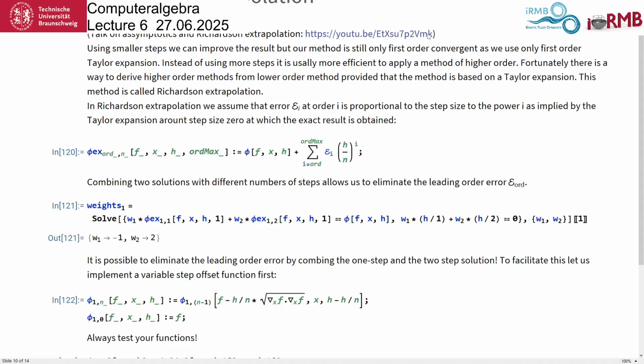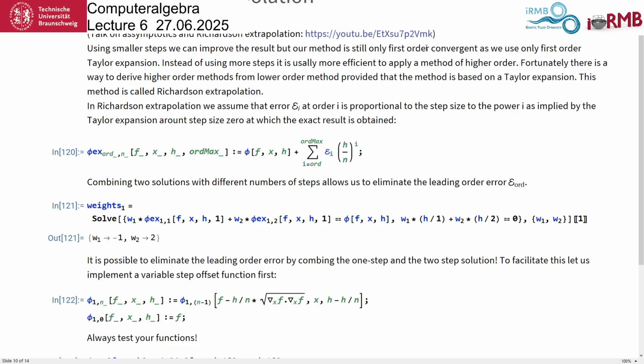I actually recommend watching one of my videos on Richardson extrapolation, because I think not everything about this is totally clear to everybody. But what actually is this? It's very powerful, and when you need it, it doesn't work.